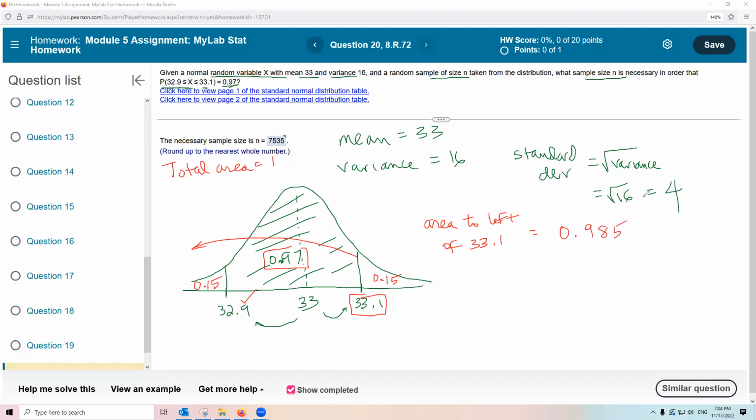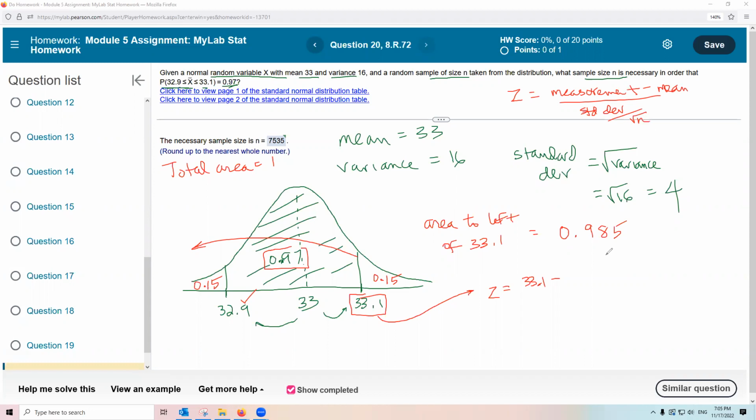Now, what I'd like to do is work with the z-scores, because for this number 33.1, the z-score can be calculated as 33.1 minus the mean. Let me write the formula for the z-score here. You take the measurement minus the mean divided by the standard deviation divided by the square root of n, because we're talking here about sample means.